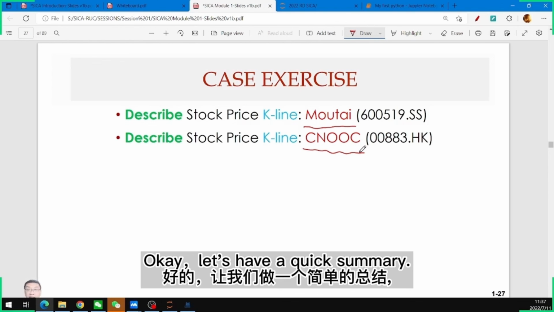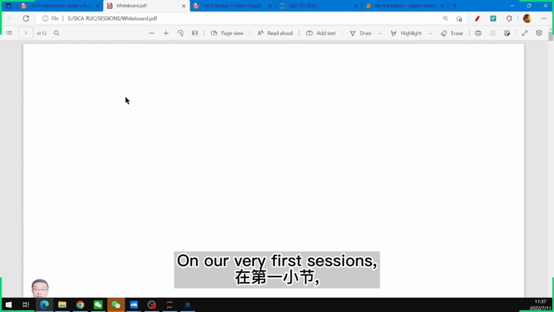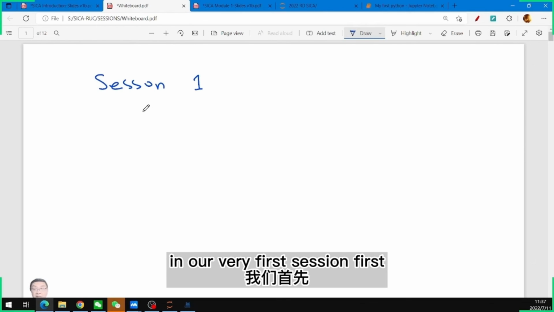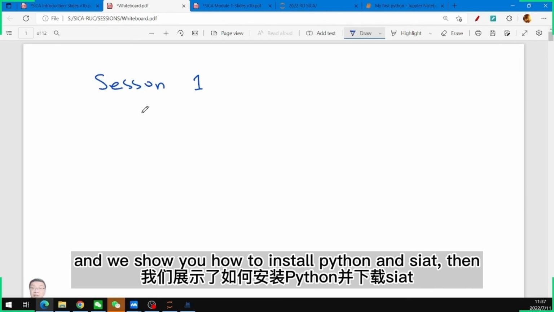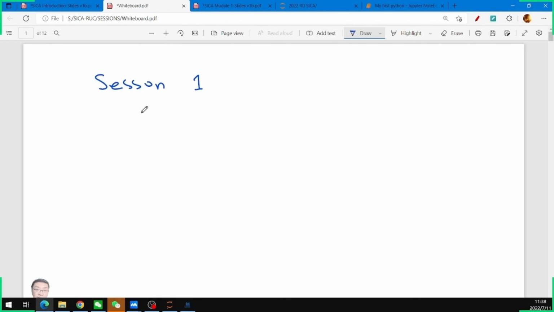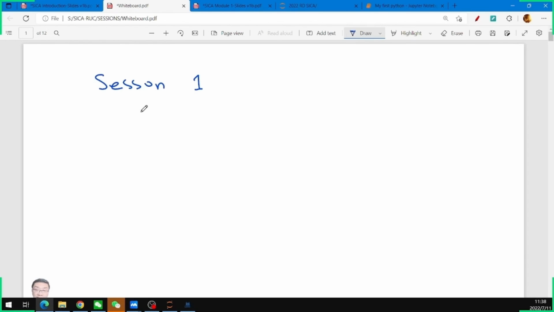Okay, let's have a quick summary on our very first session, Session one. In our very first session, first we introduce the features of this course, and we show you how to install Python and CL. Then, in the first module, we have introduced a couple of points for stock price.